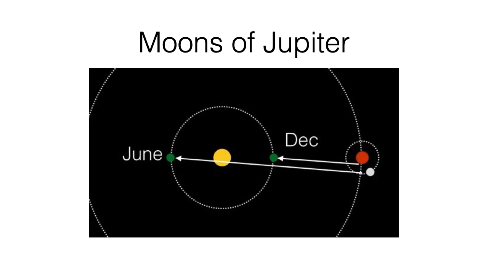And then the red dot is Jupiter, not to scale. If you look at the orbital period for Jupiter in December versus June, then light has to travel a different distance. It's actually more complicated than that, but this gives you a rough idea of how that would work. By using these super large distances, which we can measure with astronomy, you can determine the speed of light.